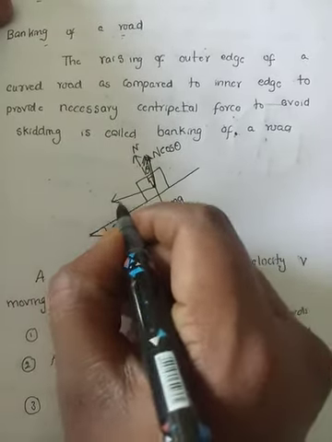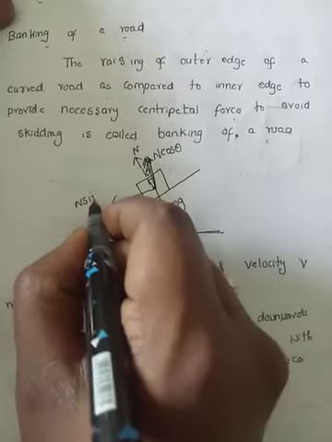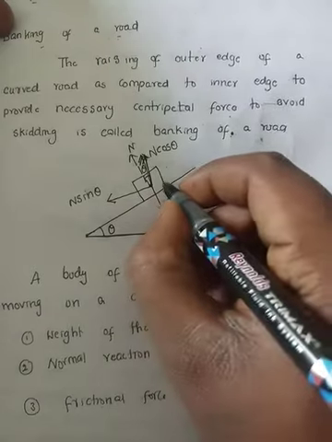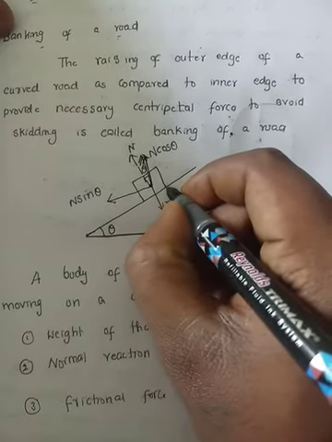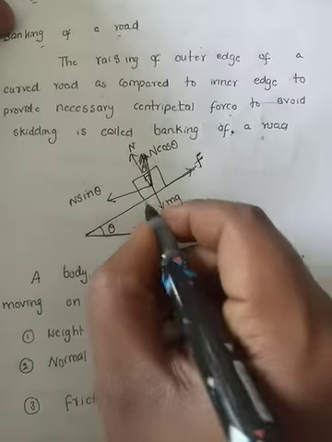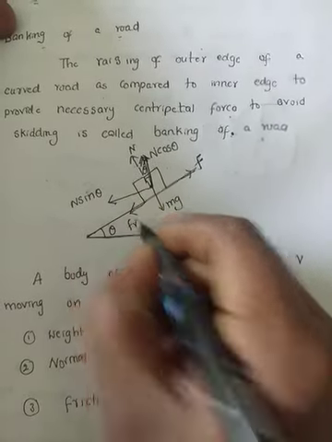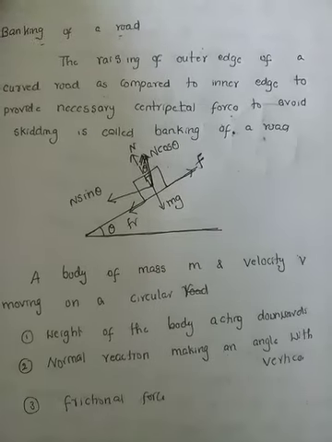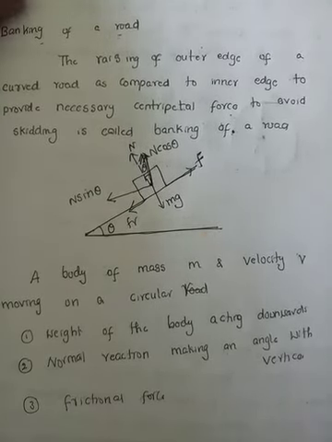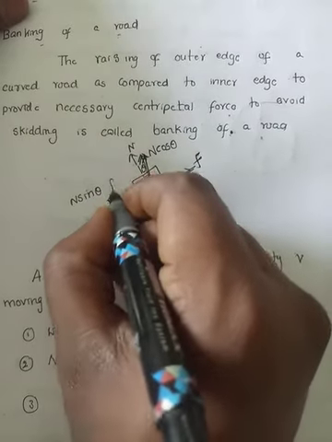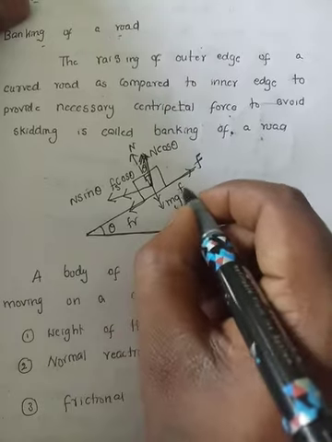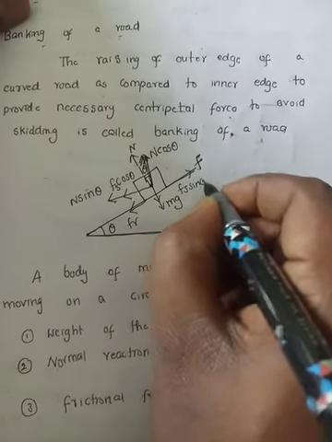This is the horizontal component, N sin theta. What about the friction? The centripetal force is acting in this direction. Friction acts in this direction, making an angle theta. So this is Fs cos theta and this is Fs sin theta.